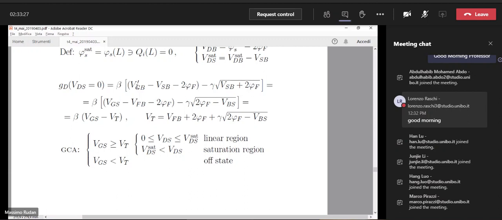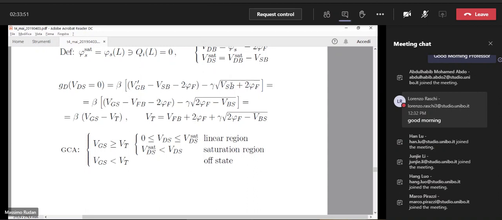But VGB minus VSB is VGS. At this point, we start referring the voltages not to the bulk contact, but to the source contact, okay? Because automatically from this difference we find VGS.